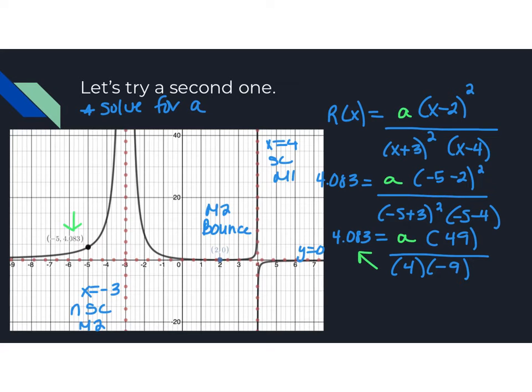This is where I would want to finally pick up my calculator and multiply across. Divide that number by 49, and I get a is about -3. Again, a simple calculator will work for this. You don't need anything fancy.